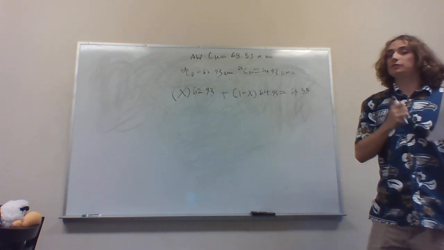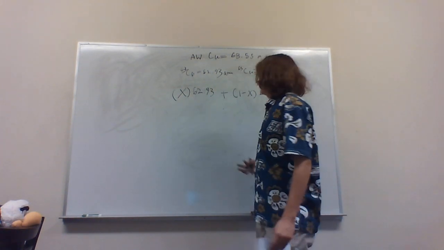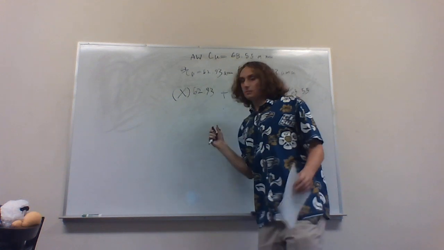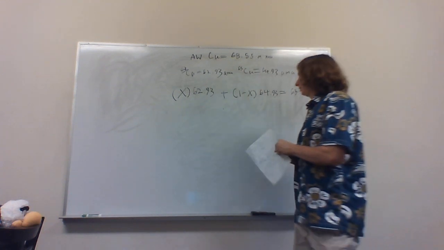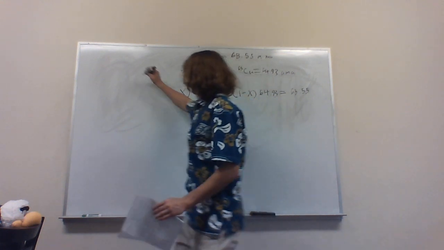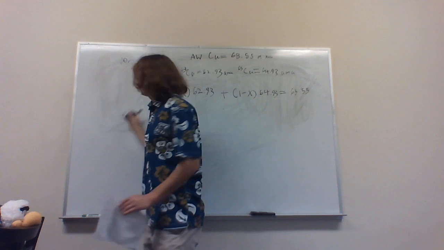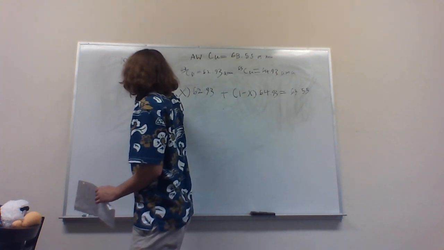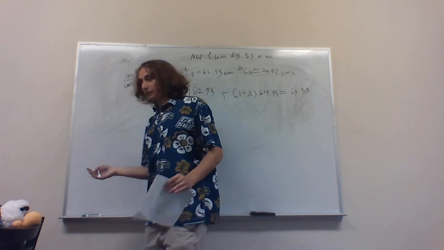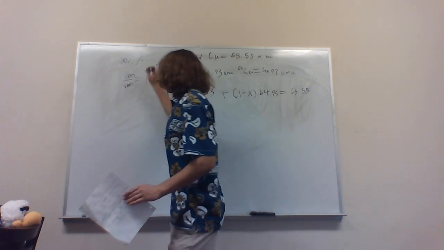Now you may be a little confused, guys, because since these two percentages could be different, you think there would be x and y. But no. We know what 100% is. 100% is equal to 100 over 100, right? And 100 over 100 is equal to 1.